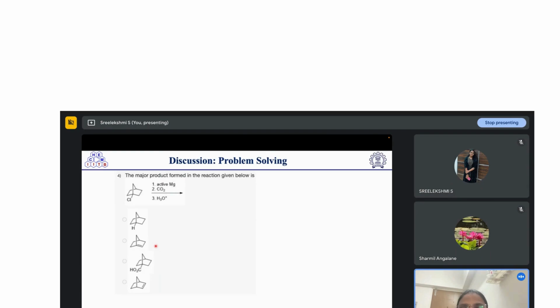Already we have seen and discussed these questions in the week 4 lecture videos. So here the correct answer is option C. That is, this chlorine will be substituted with the corresponding carboxylic acid.